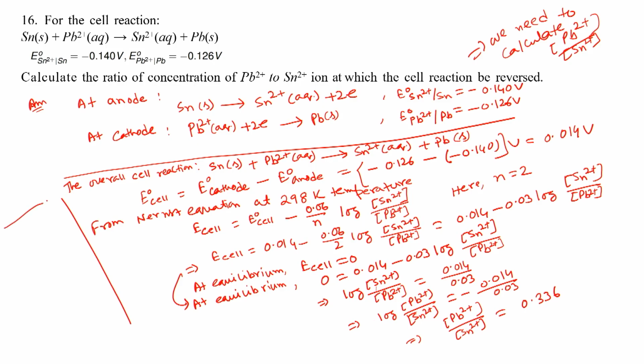Thus we can write, the cell reaction will occur till the concentration of Pb2 plus by concentration of Sn2 plus equals 0.336, or less than 0.336.